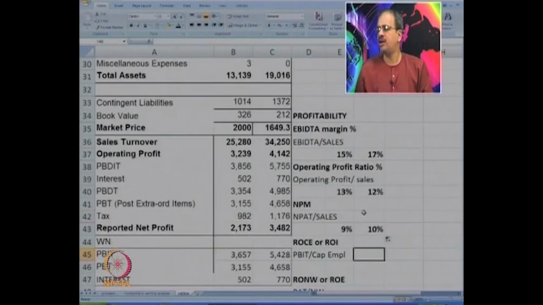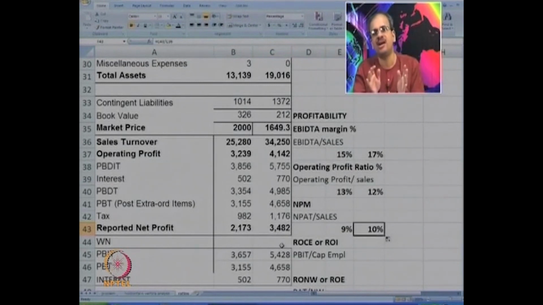If you look at all the three ratios, you will see that there is an increase in EBITDA margin, a good increase from 15 to 17, and net profit ratio is more or less maintained. So, in absolute terms, you feel that there is an increase in net profit substantially from 2173 to 3482, but if you look at ratios, you will realize that more or less the margin is maintained.